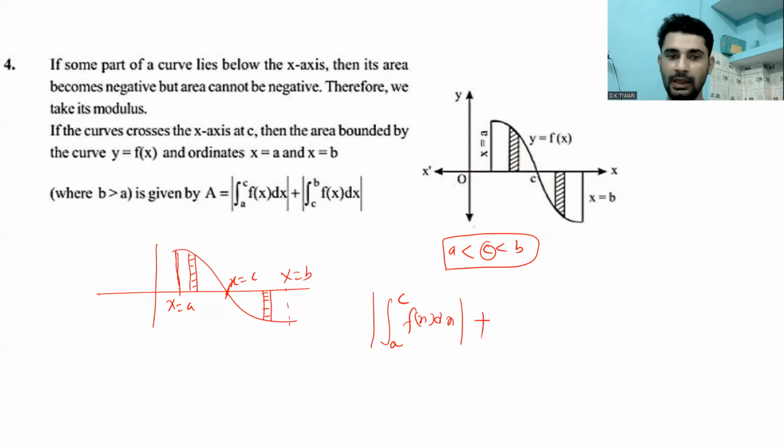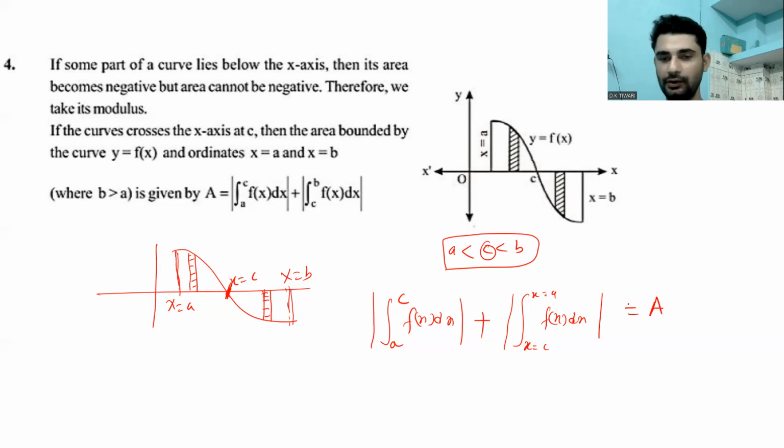Plus, now this area, again, from x equal to c to x equal to b, I'm going to find out. Again, the same function f(x) dx. This again mod value because this area is negative. So to make it positive, take the mod value. This is the complete area.